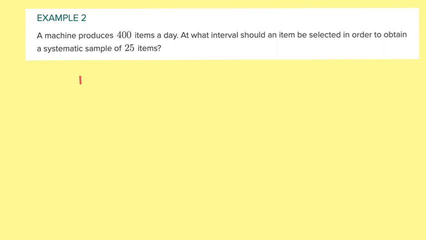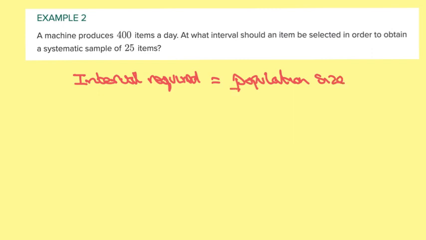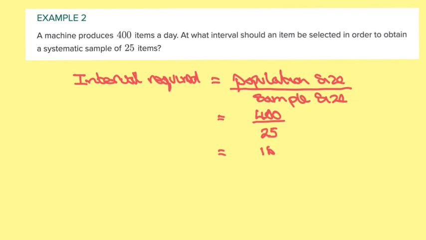Well, the interval required is equal to the population size divided by the sample size, which in this case is equal to 400 divided by 25, which is equal to 16. So every 16 items should be selected.